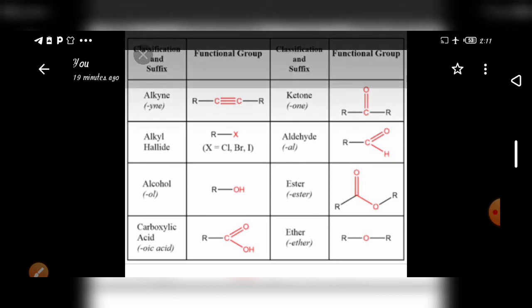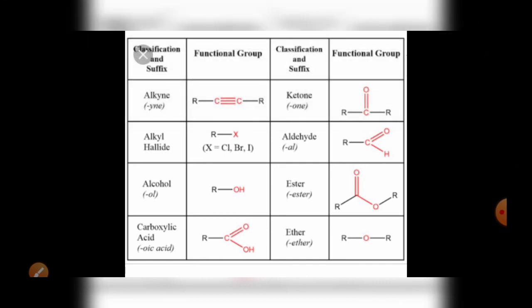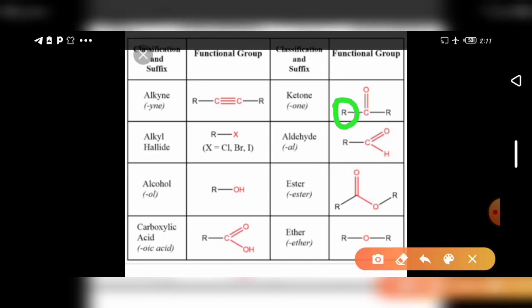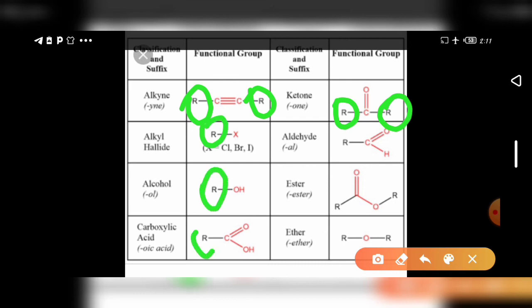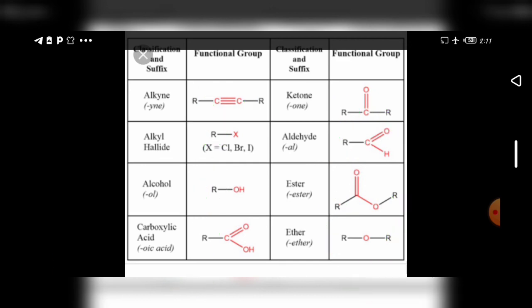Carboxylic acid is C double bond O, single bond OH. Ketone is C double bond O with R on both sides. This R is one alkyl group and this R is another alkyl group. The same way here, R denotes the alkyl group. It may be a single carbon, two carbons, three carbons, and so on. So these are the functional groups.